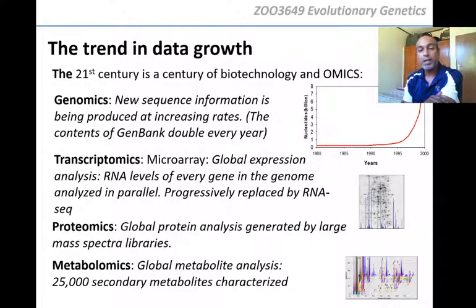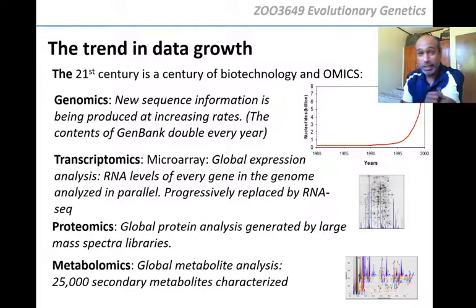The other kinds of data are proteomes. When we look at a protein and want to look at its building blocks, that's called mass spectrophotometry. These mass spectra libraries are also giving us a lot of data about proteins.